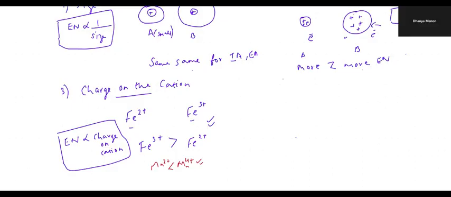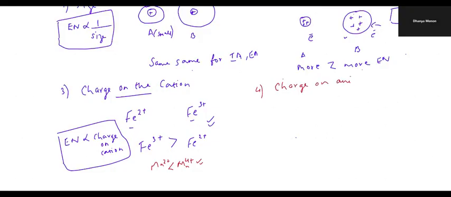Now coming to the fourth factor, which is charge on the anion. So here, what do you think will be the case? Charge on anion, an ion with a negative charge.